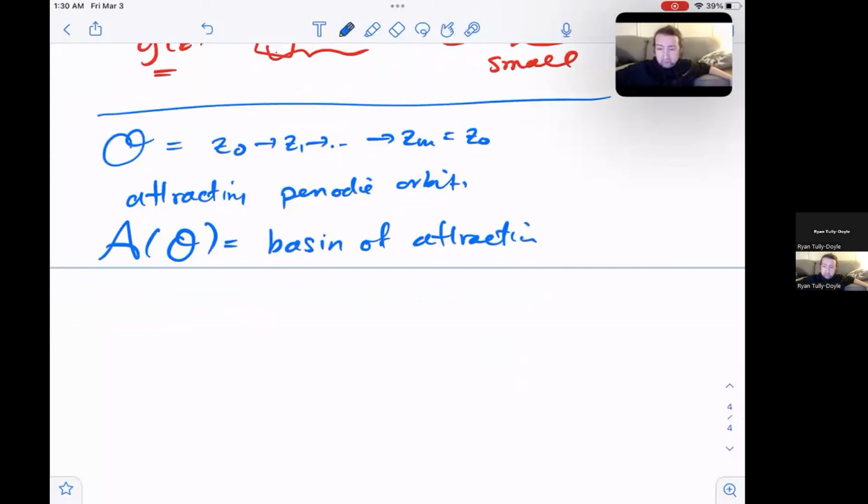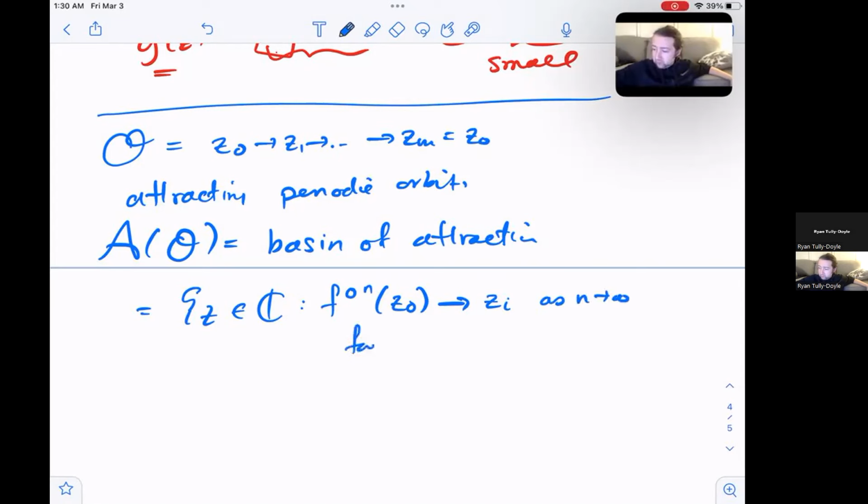We say that the basin of attraction is equal to the set of all complex numbers C that have the property that as I repeatedly iterate my function f on Z, this thing actually ends up running into Zj, then goes to infinity, for some j.